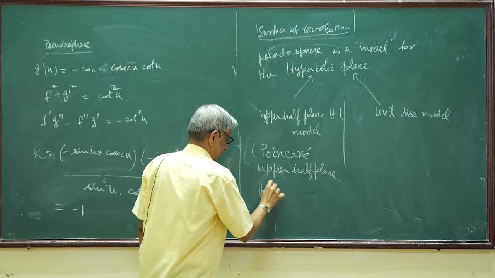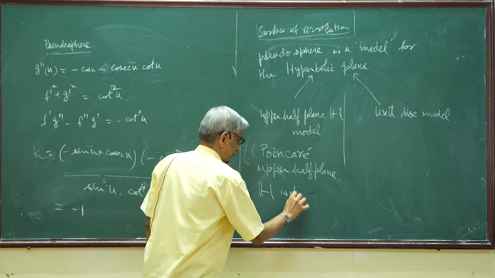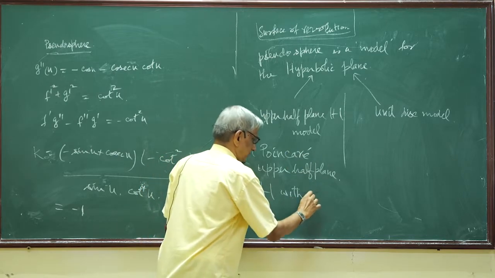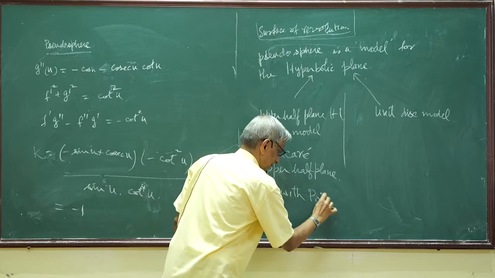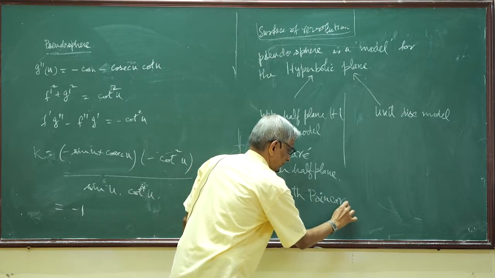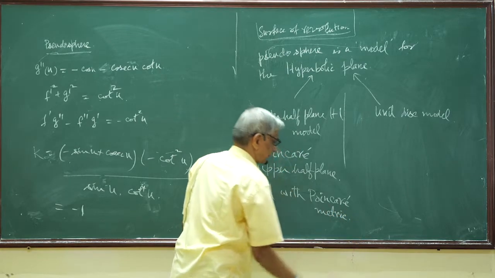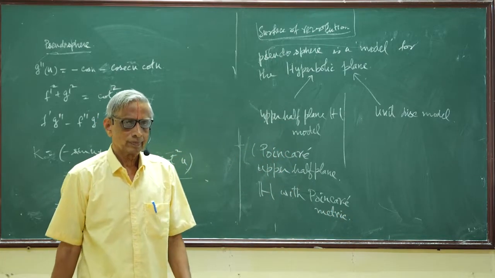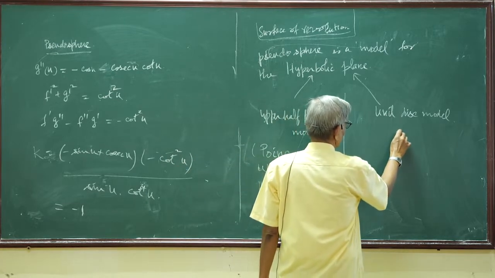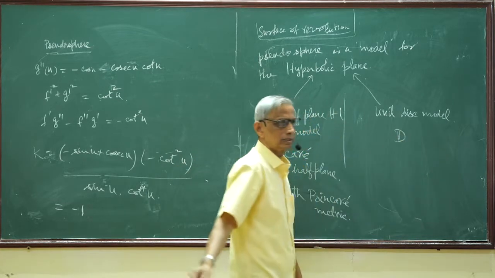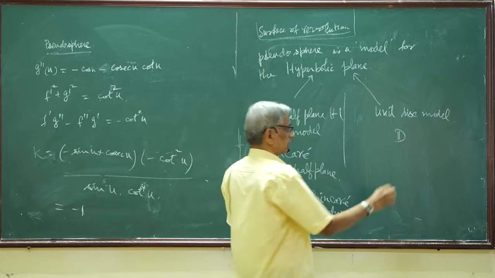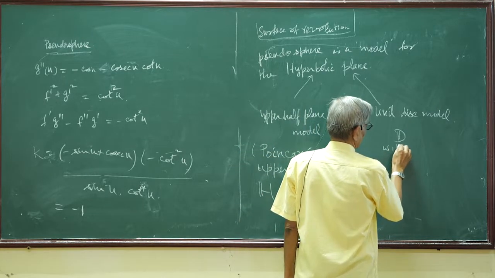H with the hyperbolic metric or the Poincare metric. Here it is the open unit disk D with the hyperbolic metric.